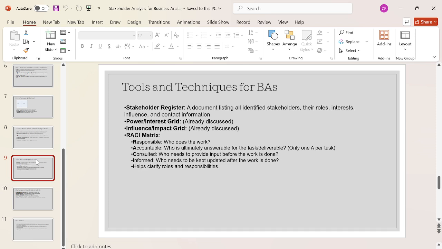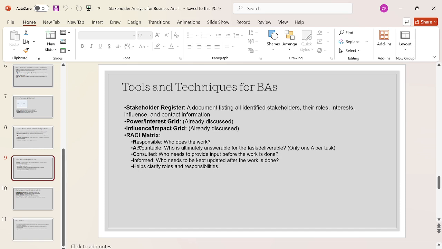He should have a documented listing of the stakeholders: how many there are, who they are, and their roles and responsibilities, along with their power and grid position, and their influence and impact on your project. The listing should include roles, interests, power and contact information, so that whenever we need, we can immediately contact the stakeholder. I already explained the power and grid matrix and the influence and impact matrix, so you can go back and check those slides.